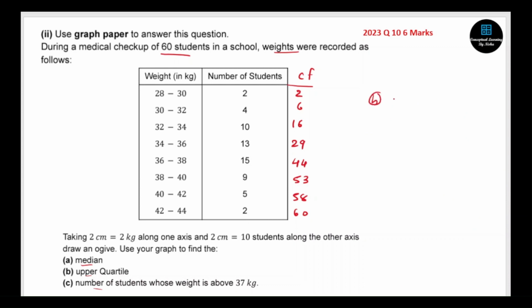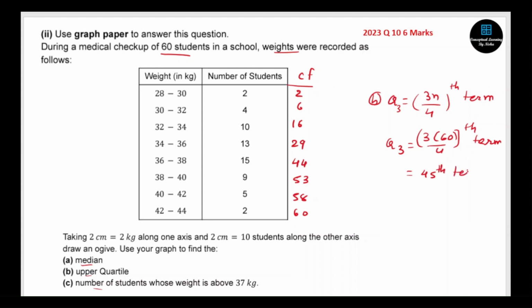Q3 is 3n upon 4th term. If I substitute n equals 60, Q3 is equal to 3 times 60 upon 4th term, and on solving that, I'll get the 45th term.